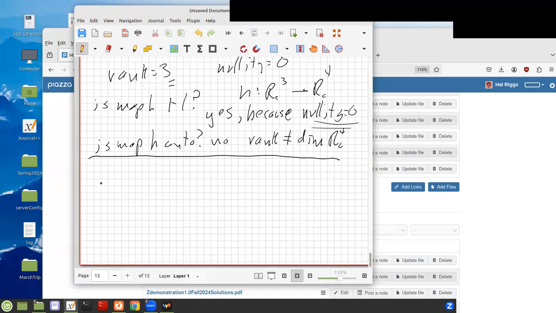Let's say that we have the map, say G here, from XY to these numbers.